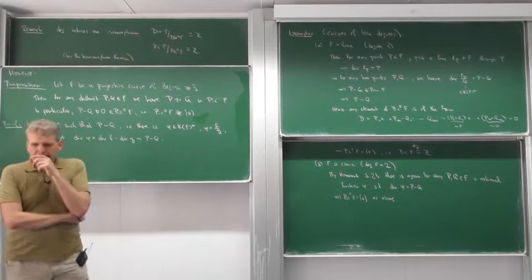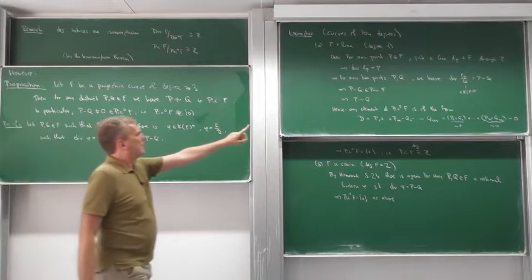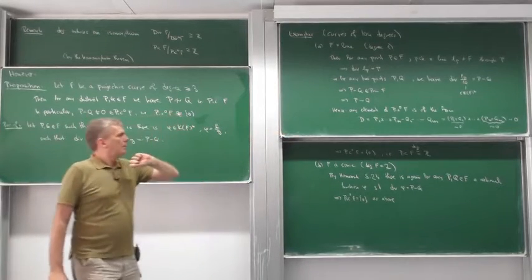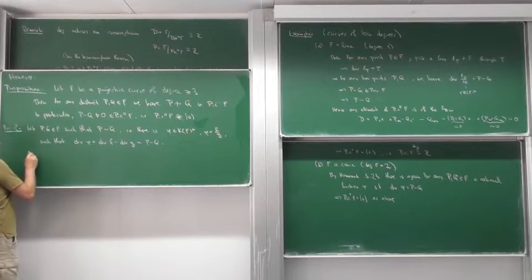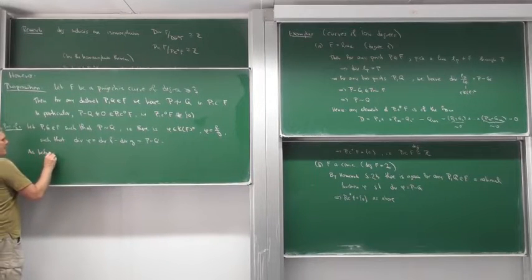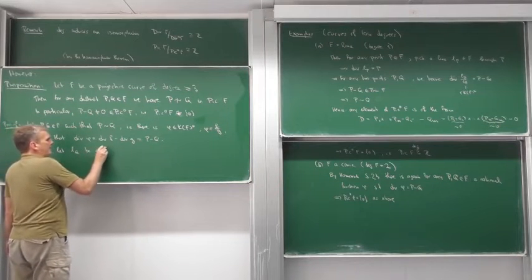So what we do then is we pick again a line as before. So L_Q, let me call this. It's a line through Q. Otherwise, we don't need anything about this. So as before, let L_Q be a line through Q.